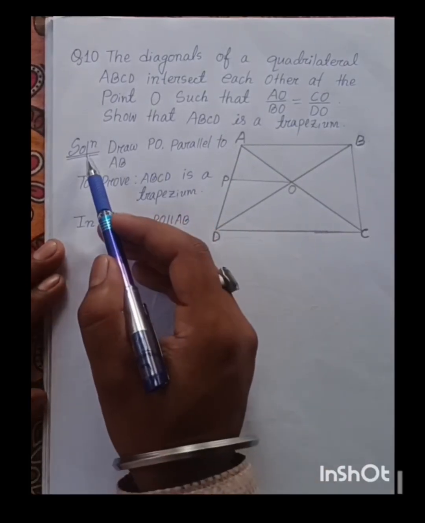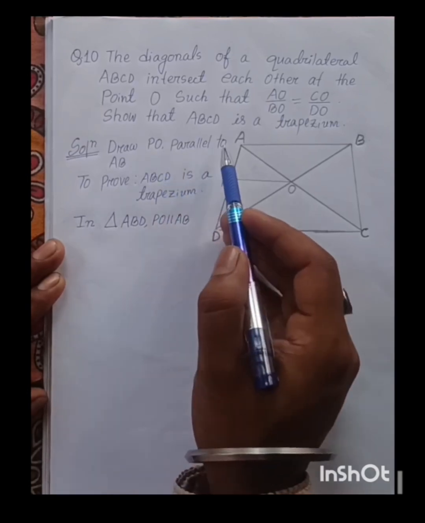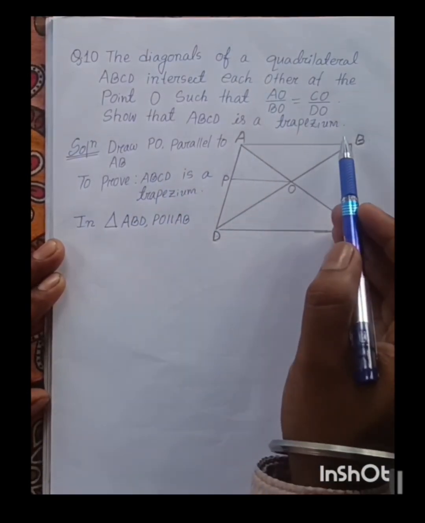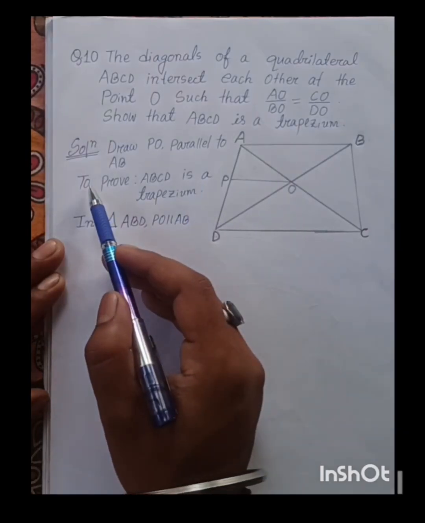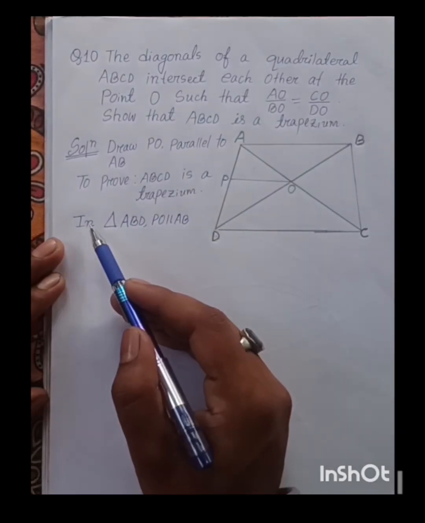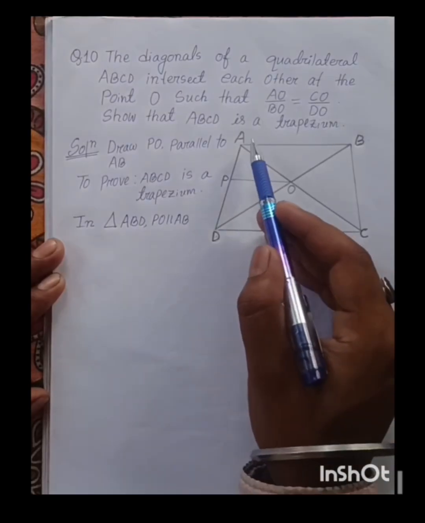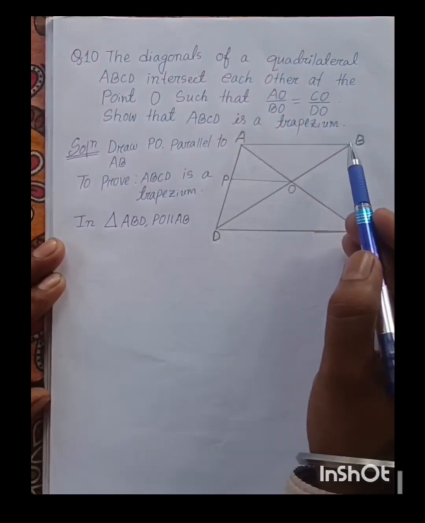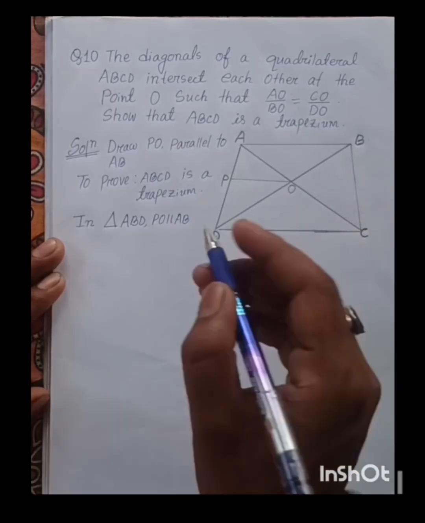So first I have written draw PO parallel to AB, means PO line is parallel to this AB, and to prove ABCD is a trapezium. Now in triangle ABD, PO is parallel with AB, so I can apply here Thales theorem.